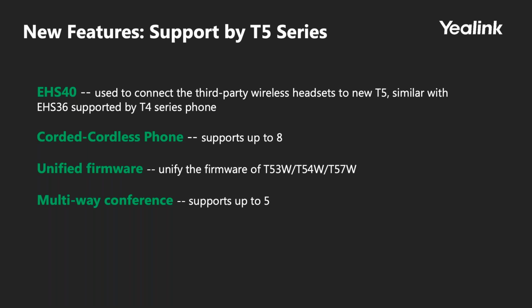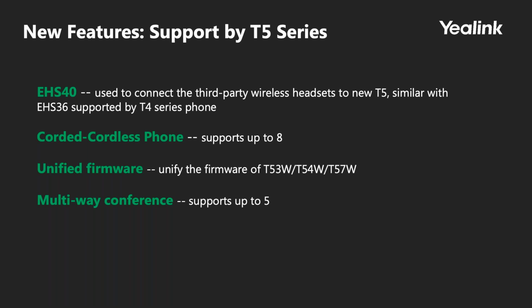The connection's a little bit different on the T5 series phones than it is with the T4 to DECT headsets. We talked about the cordless feature. We mentioned it supports up to 4, but comparing it to the T4, it also can support up to 8 handsets together with a base unit, the W80B or 60B. My apologies.